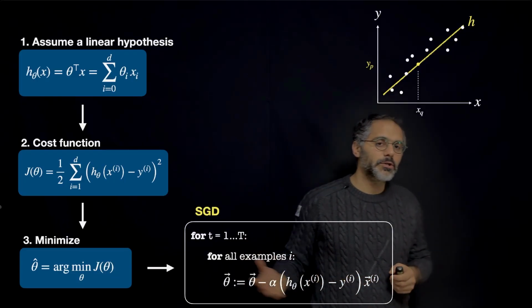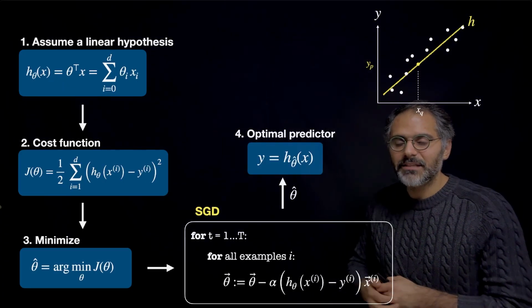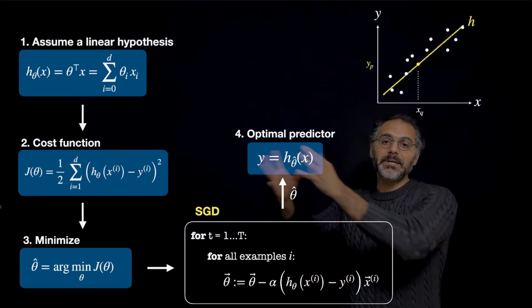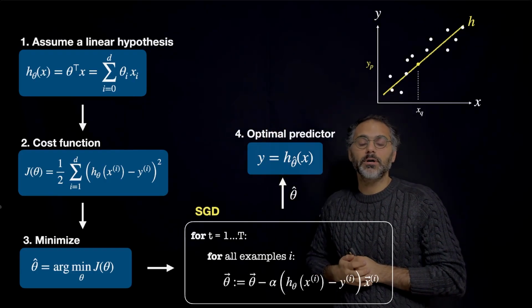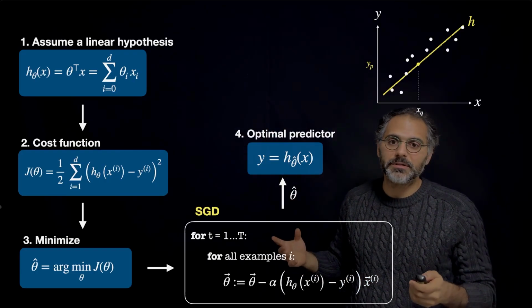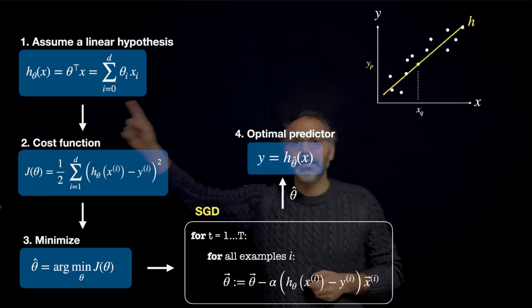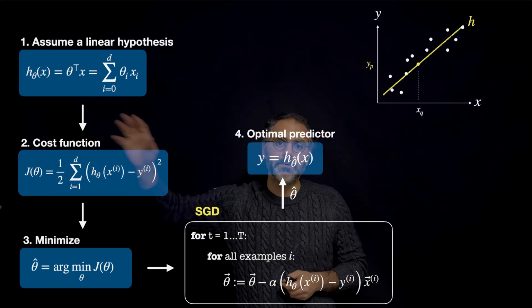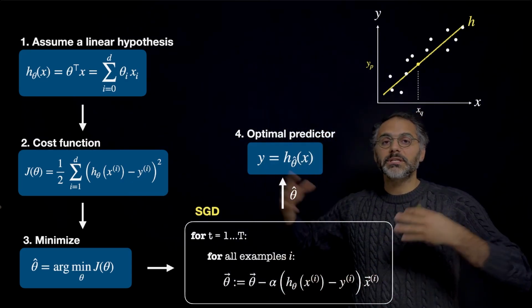And this, we said, used SGD, or stochastic gradient descent. And finally, we took the best theta, this theta hat, and we replaced it back into the optimal predictor, or my linear hypothesis. So this is going to be H theta hat of X, or theta hat transpose X. And now you can take that to predict things that you haven't seen.